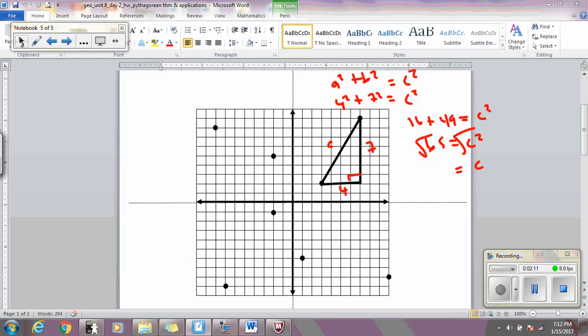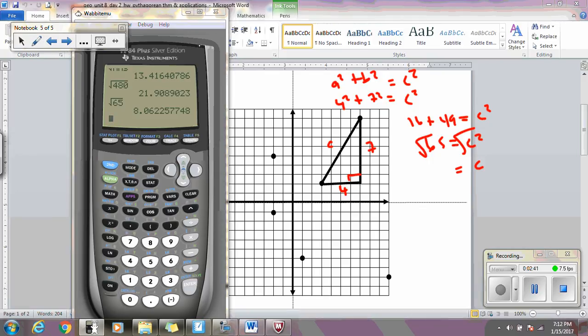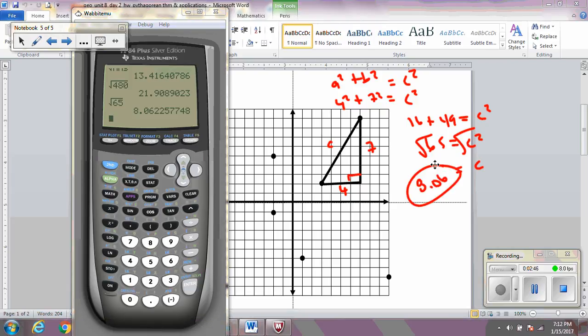And we need to grab our handy dandy calculator to calculate the square root of 65. It's about 8.1, or sorry, it wanted to the hundredths, so that's 8.06. Again, hundredths means 2 places behind the decimal.